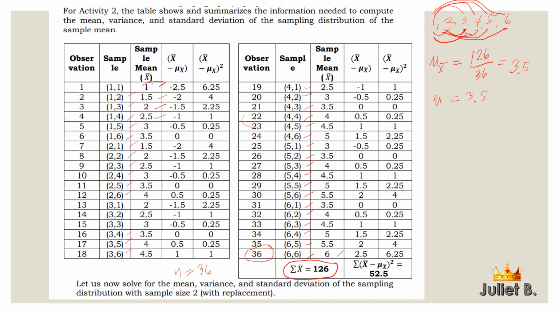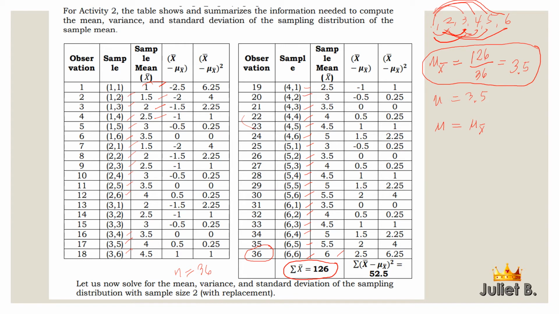Tatandaan yung property na yan, that the mean of the population is the same as the mean of the sampling distribution. Next, ito yung tanong sa number 1, ang sagot sa number 1.